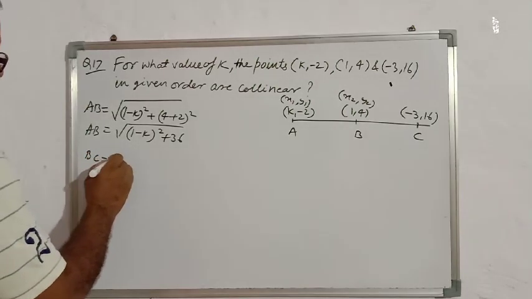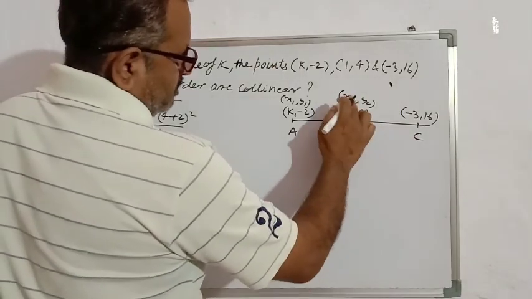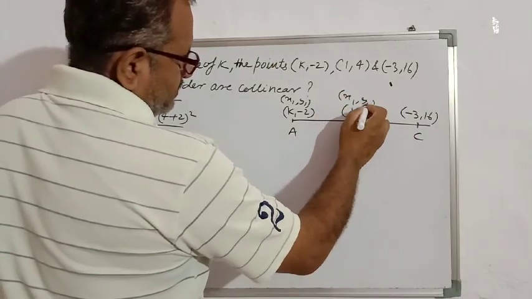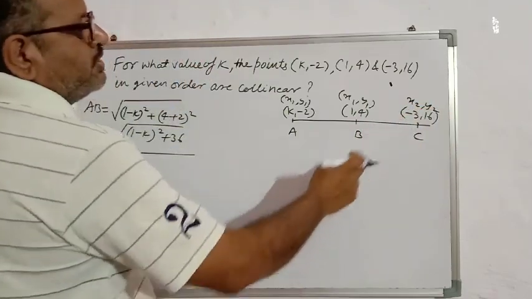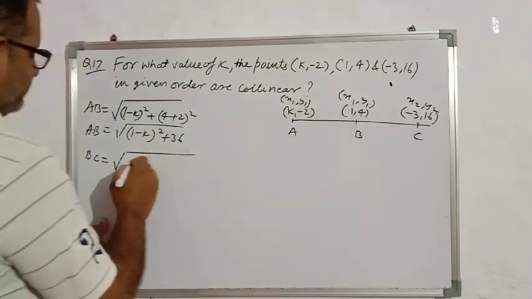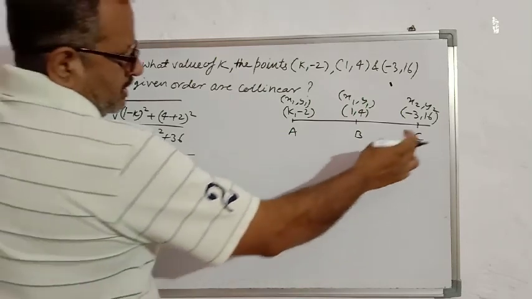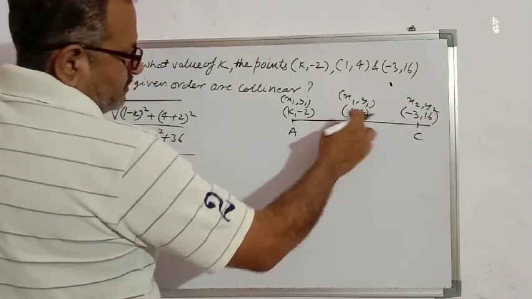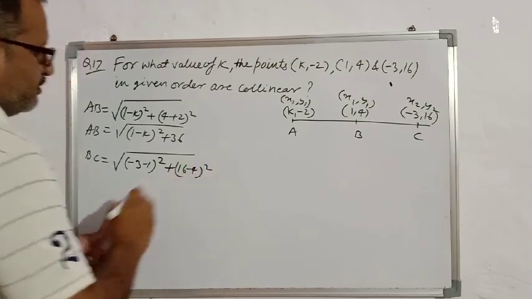Now BC. Suppose this is x1 y1 and this point is x2 y2. So x2 minus x1, minus 3 minus 1, whole square plus 16 minus 4 whole square.